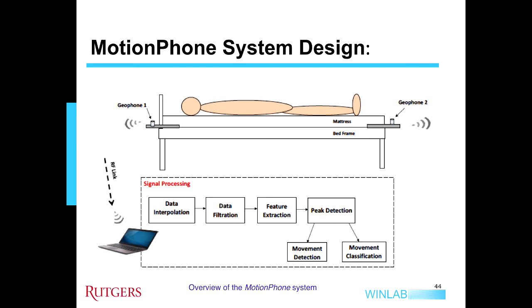We connect them to some amplifier circuit, and using the tag also with the sampling frequency of 30 Hertz, we broadcast the data wirelessly to our receiver. We repeat in somehow the same pre-processing steps that we used in motion scale. So we do interpolation and filtration.